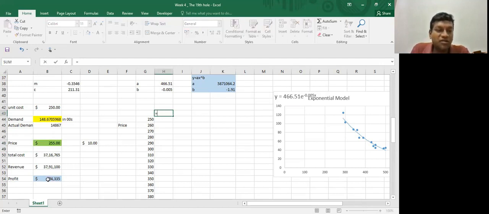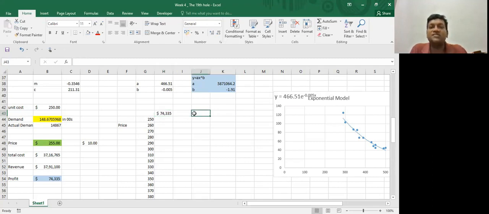This is what you want to be calculated. Now for each of these values from 250 all the way through 880, I need to know the corresponding value of profit whenever I change that price. For that we use the what if analysis. What if analysis is found here. We come to data.